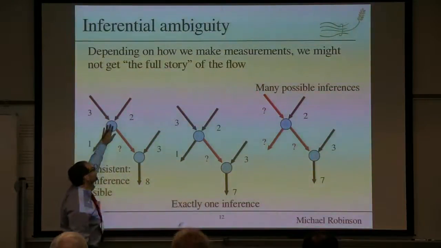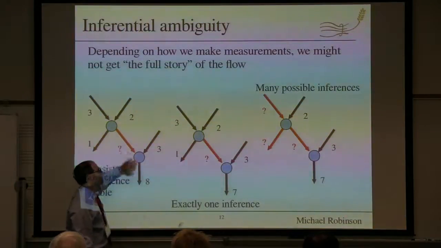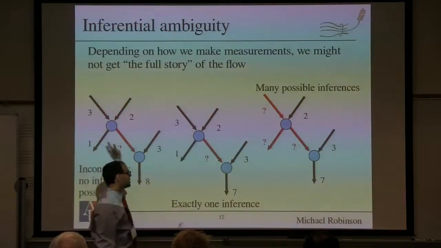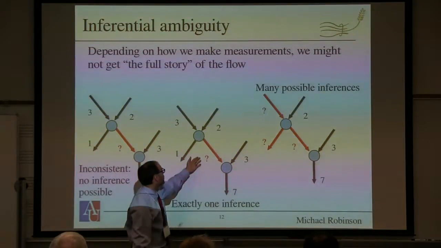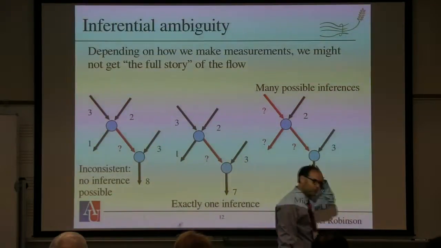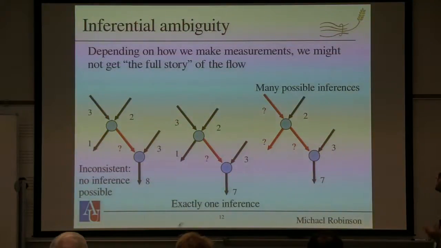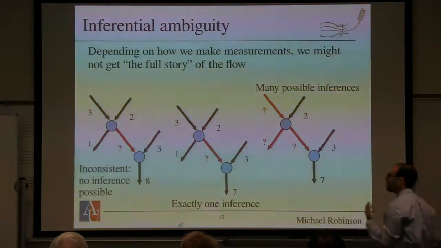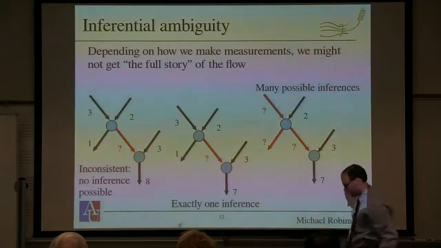Inferring from this vertex, this number better be 4. Inferring from this vertex, it better be 5. 4 is generally not equal to 5, so that's it. In this case here, there's exactly 1 possible inference. It better be 4. And here, it's undetermined. There are many possibilities. So the process of extending sections can give you a lot of flexibility and a lot of richness in the kind of models that come out of the other end.